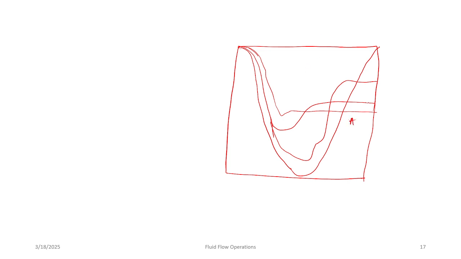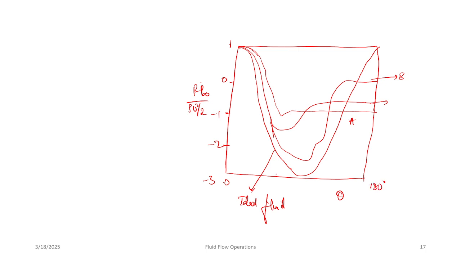So this is A, this is C, and this is B. This is for ideal fluid, and theta varies from 0 to 180 degrees.